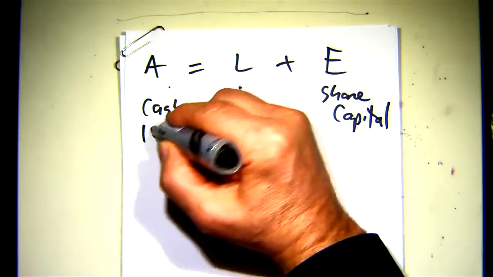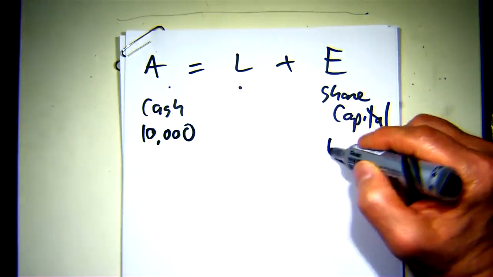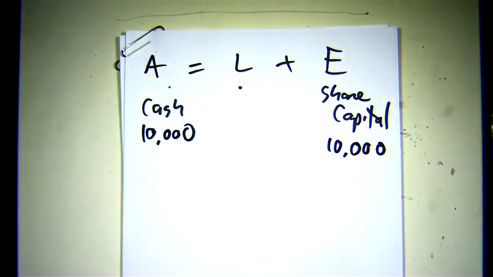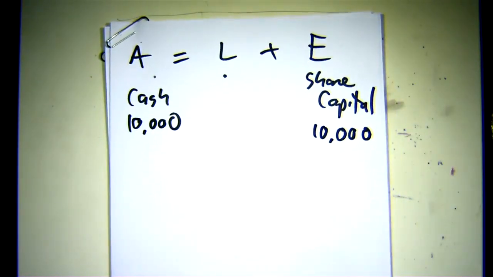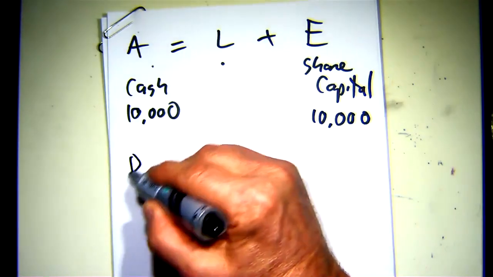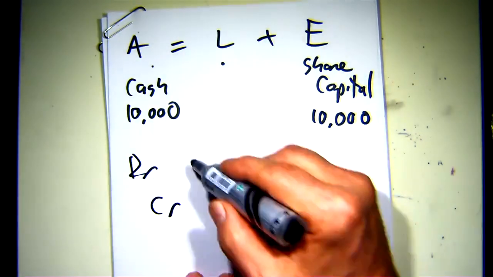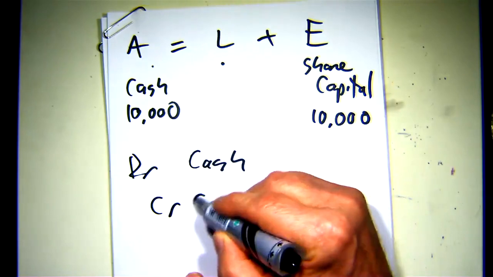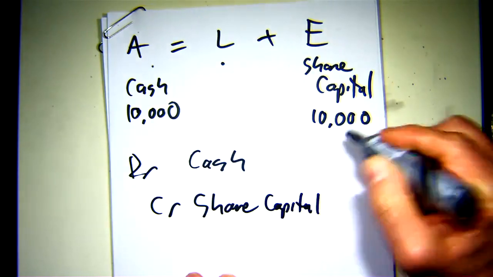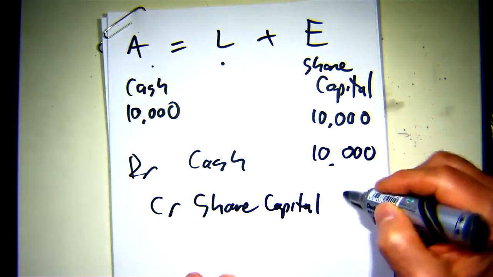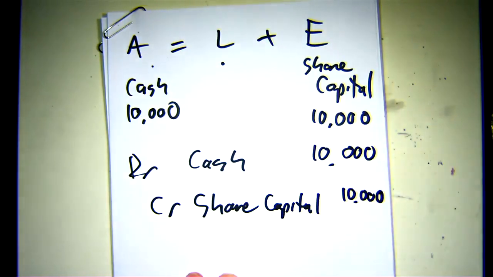So we had $10,000 cash, share capital of $10,000. That's how it looks using our transaction analysis. And if I convert it using debits and credits, the journal entry, I'd debit cash, I'd credit share capital, $10,000. That's the journal entry for the issue of shares for cash.